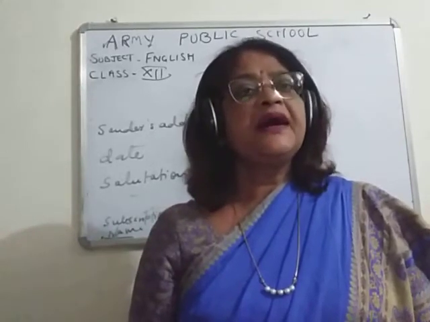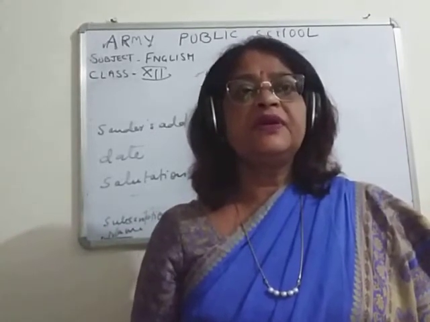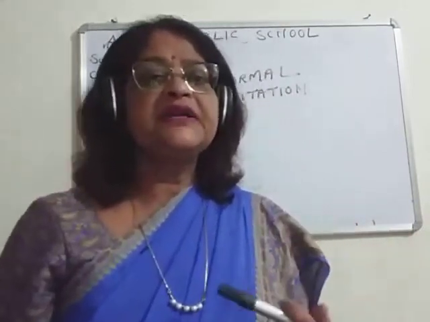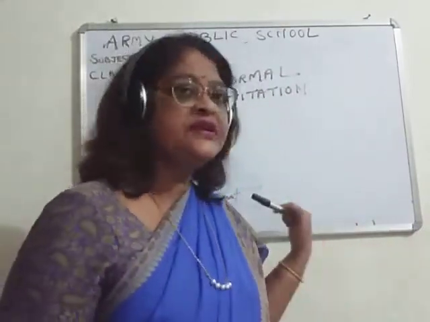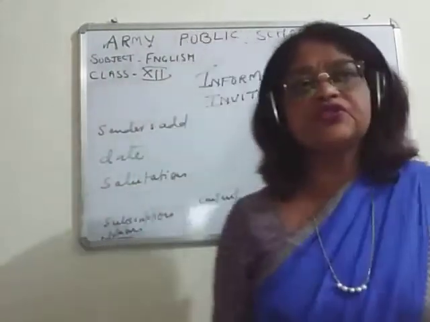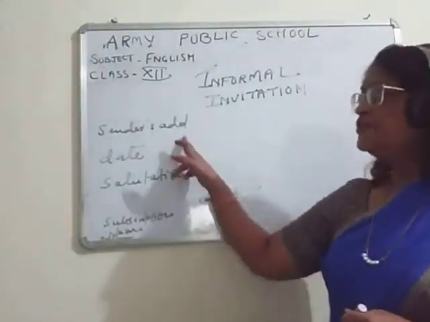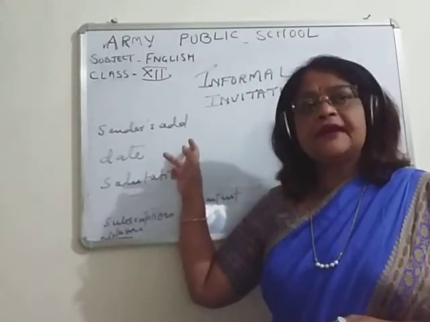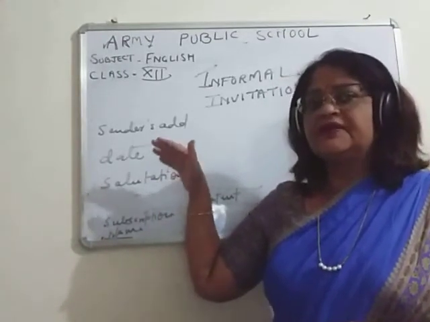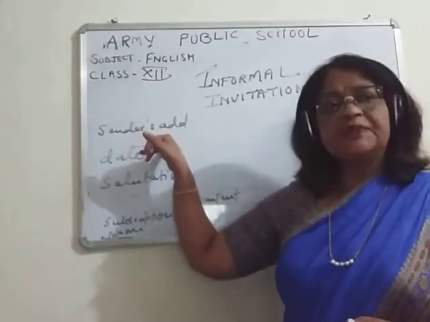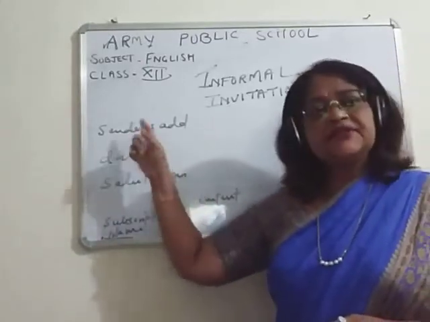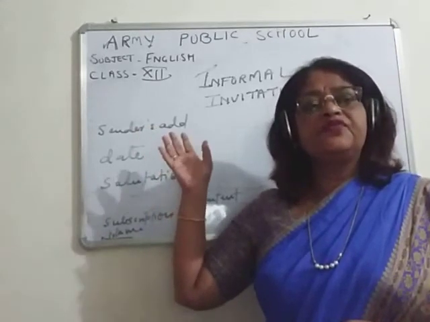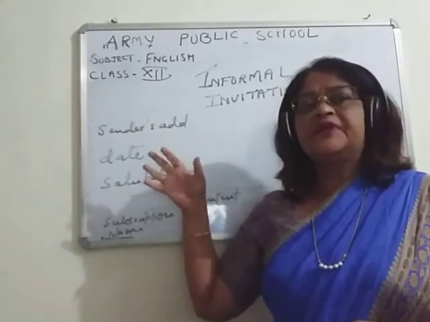Now children, I will also tell you the format of writing an informal invitation, which I've already written on the board. As you can see, students, you have to write the sender's address. The address of the person who is writing the informal invitation should be written, just like in an informal, personal letter.